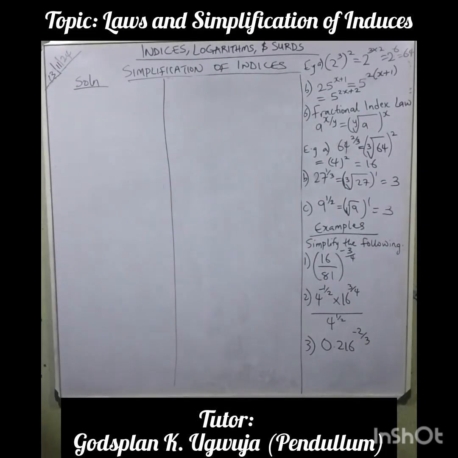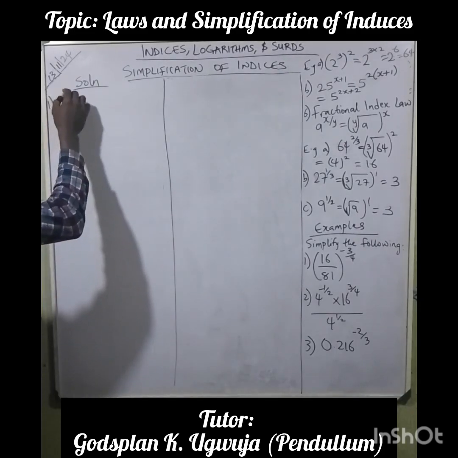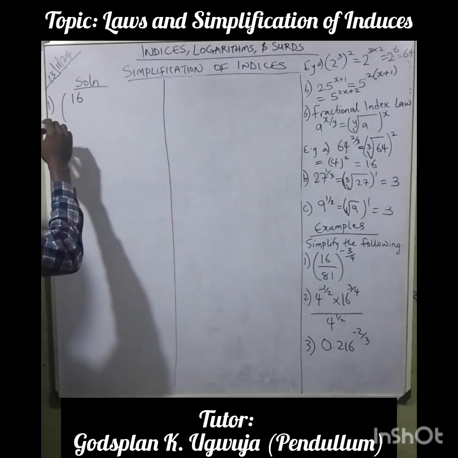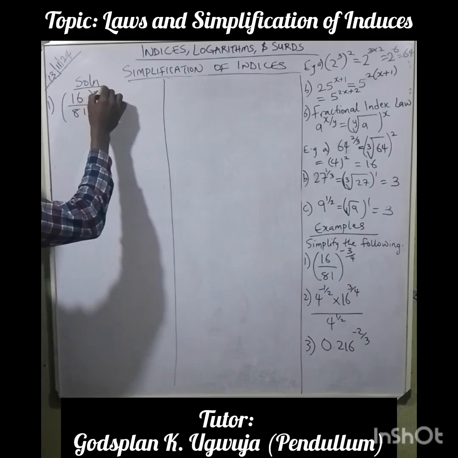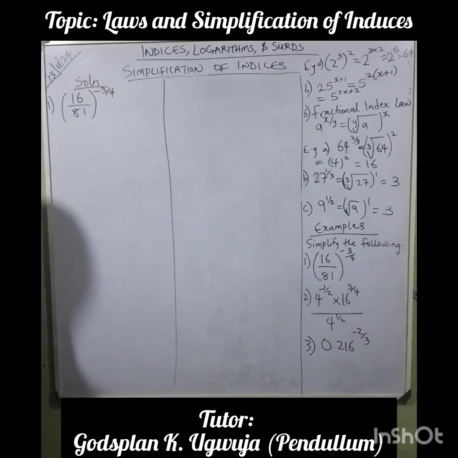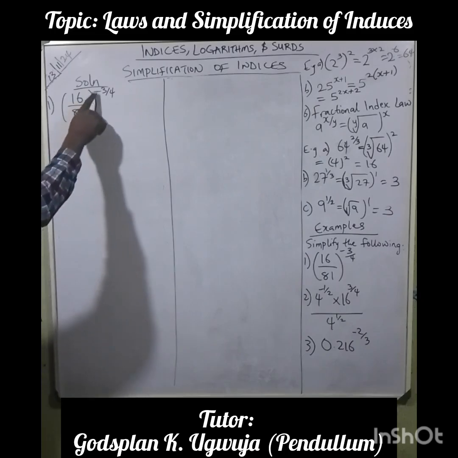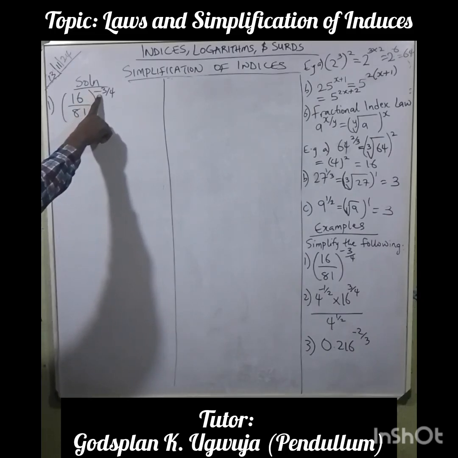So let's solve this. Number 1, we have to simplify 16 over 81 raised to power minus 3 over 4. Now, remember, first thing, this is a negative index.